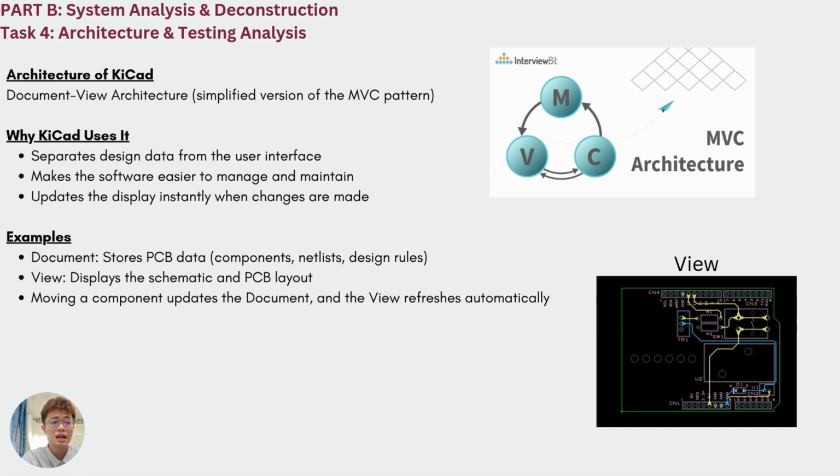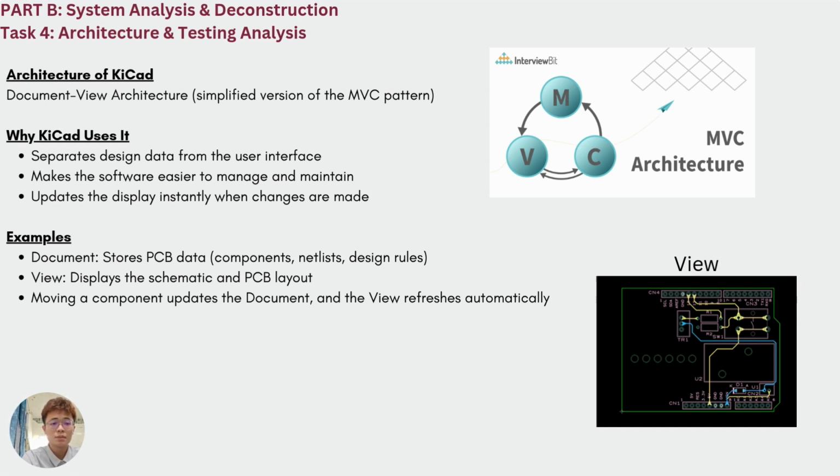It represents the actual content of the project, independent of how it is displayed. The view, on the other hand, is what the user sees on the screen, such as the schematic editor and the PCB layout canvas. It focuses only on displaying the data in a visual and interactive way.